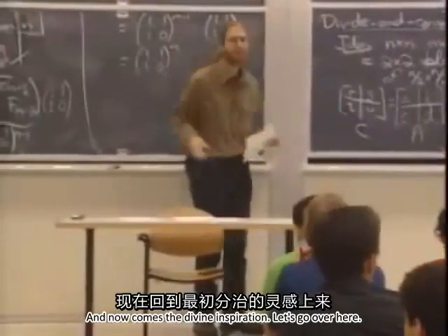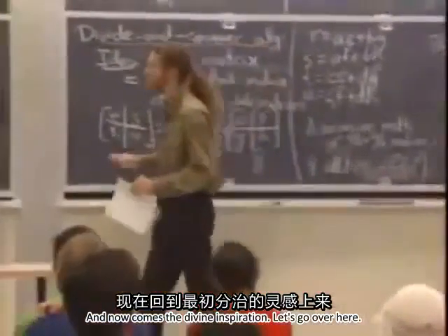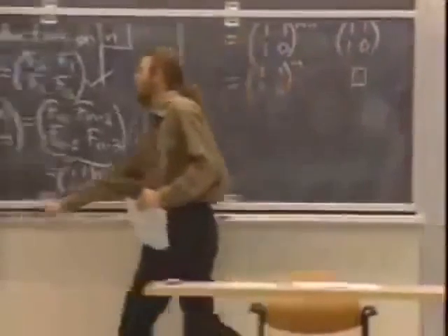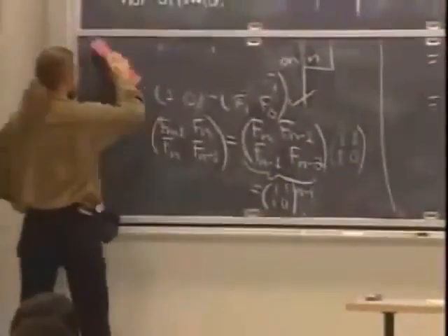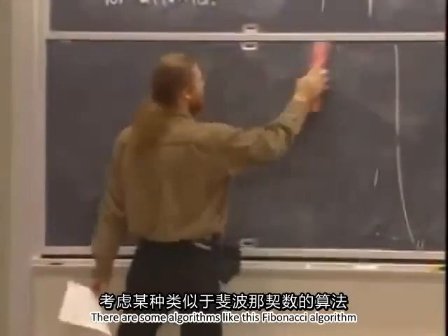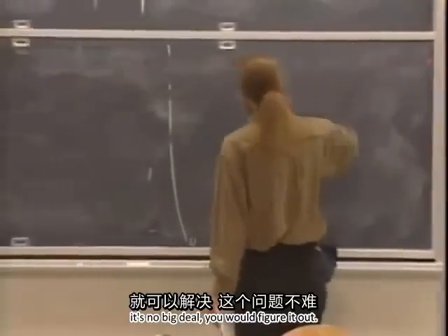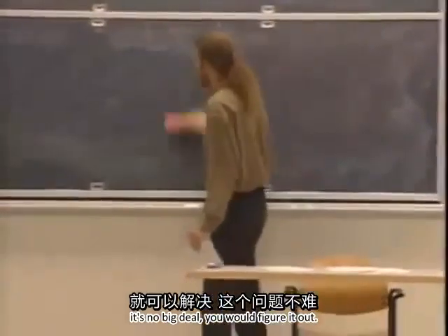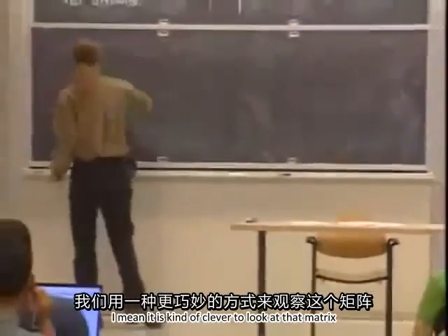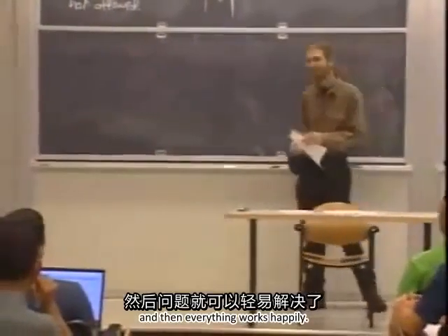And now comes the divine inspiration. You know, there are some algorithms like this Fibonacci algorithm where if you sat down for a little while, it's no big deal. You'd figure it out. I mean, it's kind of clever to look at that matrix and then everything works happily.